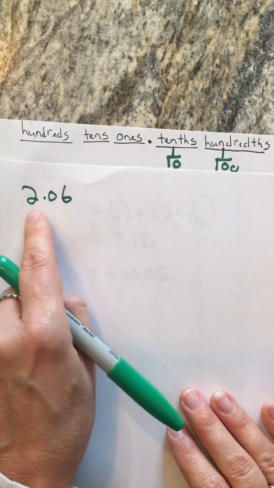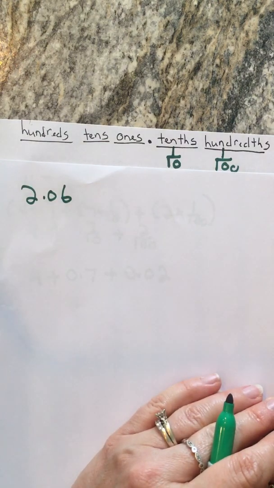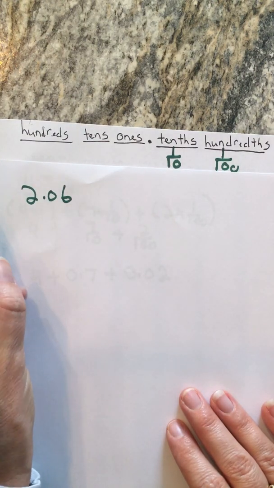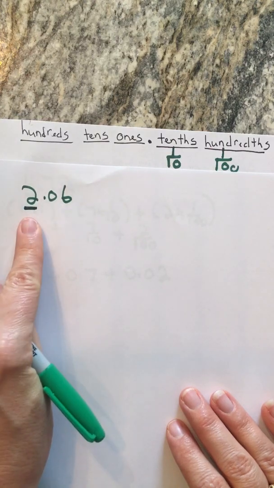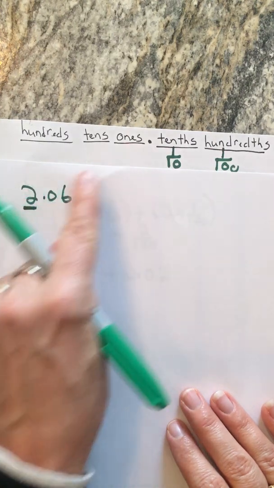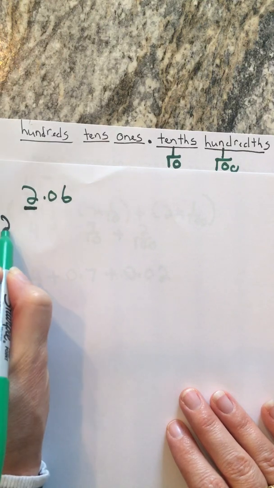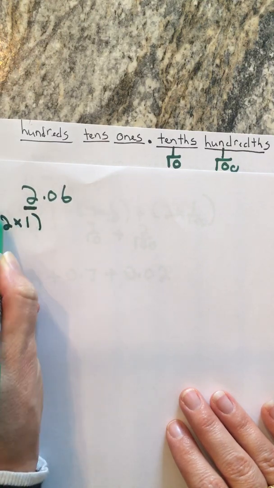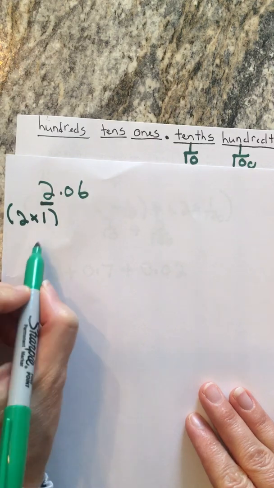Again, I can think about each digit and its place value. So I'm going to come to my first number, the 2. The 2 is in the ones place. So that's the same as 2 times 1, which is 2.